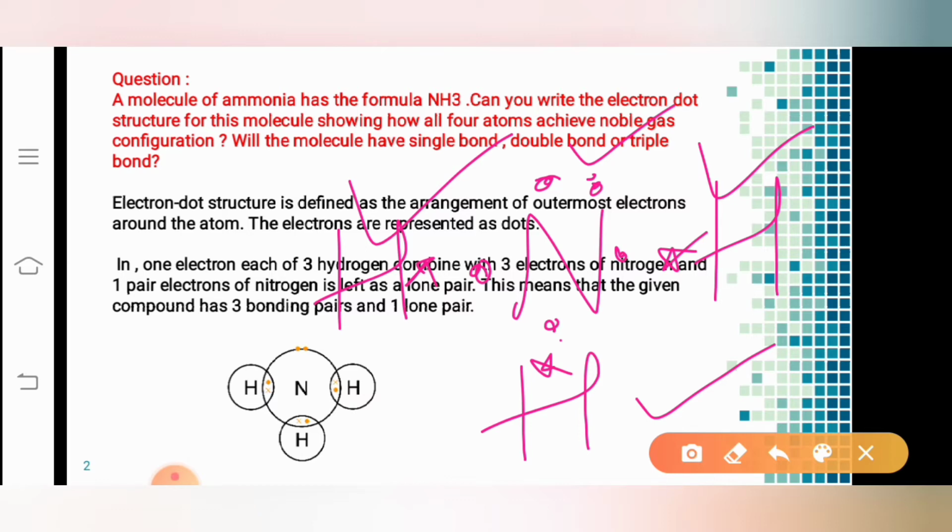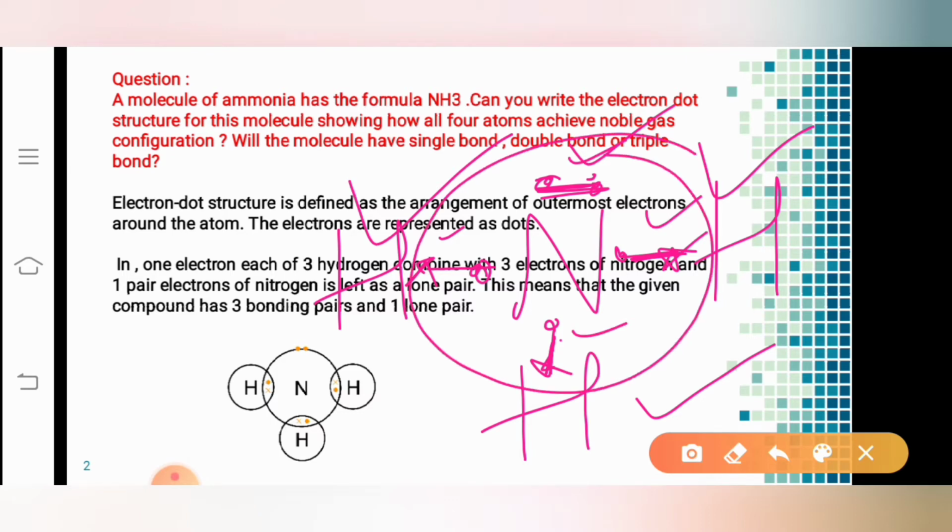So it became 2 here, and here it shared 1. So totally 2 here, and 1 lone pair of electrons, totally 2, 4, 6, 8. So there are 8 electrons surrounded by nitrogen. Thereby nitrogen has obtained the noble gas configuration.